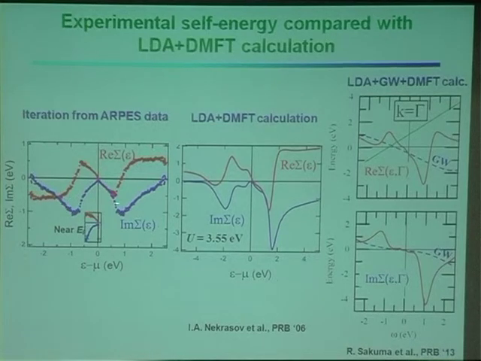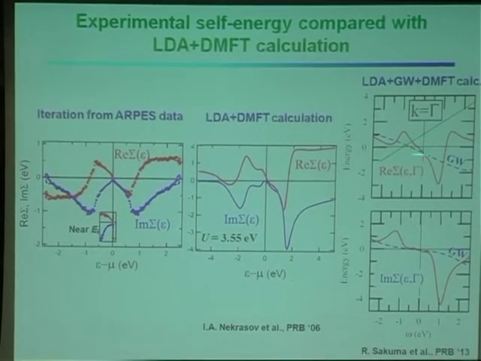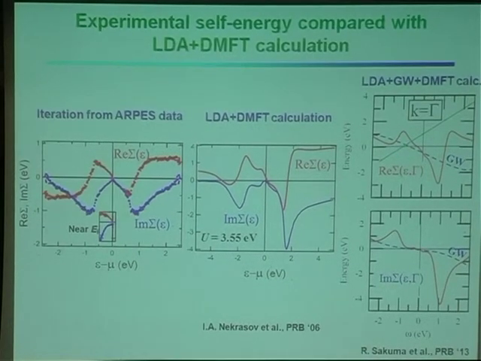Yeah, of course, resolution limited, but actually near the Fermi level, this is a conventional method, and this is the iteration method, and the agreement is actually not so different. Of course, we miss this fine structure, but from a theoretical point of view, this fine structure also depends on theory. So I think the agreement is pretty good. Yeah, electron-hole asymmetry is a problem, but otherwise, I think so.